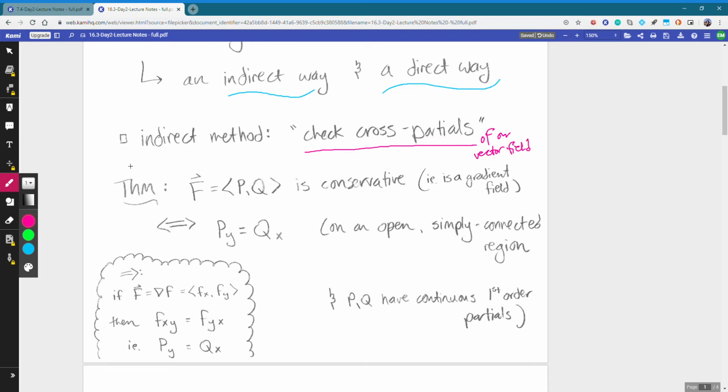So this theorem says that if we have a vector field here on the xy plane, this vector field is conservative, right? In other words, it is a gradient field if and only if the partial P_y equals the partial Q_x.